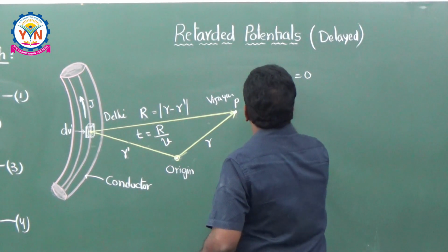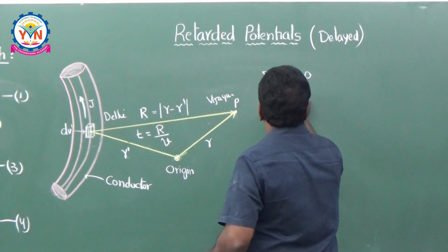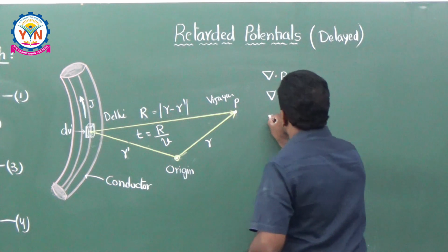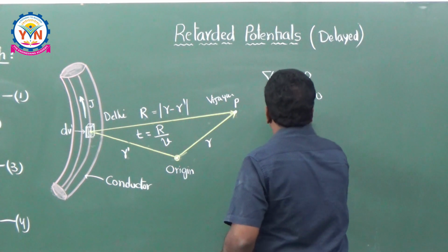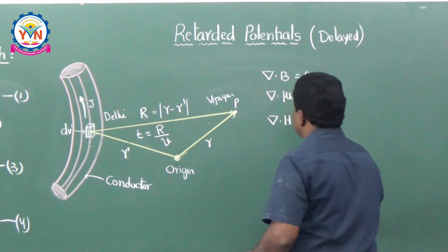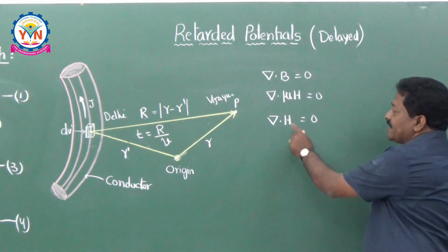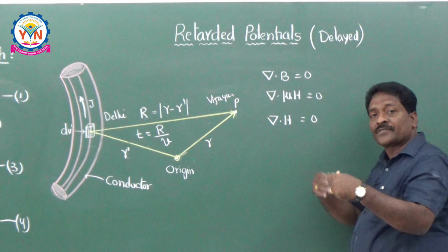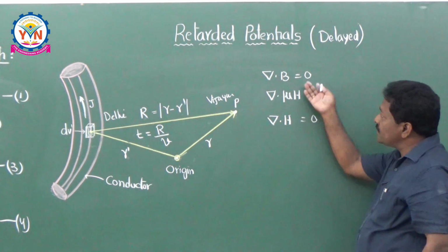That means del dot of mu H is equal to 0. B is equal to mu H, you know this. Therefore, del dot H is equal to 0. And this equation will be satisfied whenever H is a curl of something.